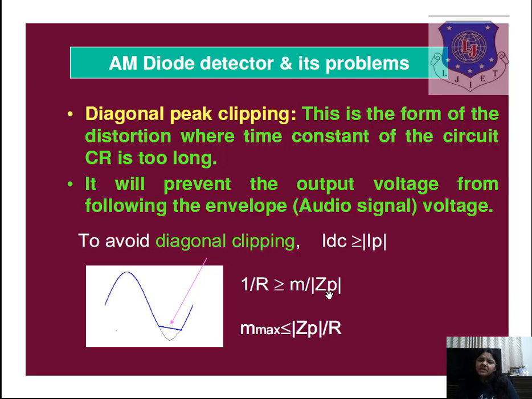Whenever the time constant of the circuit is too long, the negative clipping that you will find is like this, and it will damage the curve of the envelope. So to avoid such clipping, what should we do? The DC current which flows, IDC, should be greater than or equal to IP. So this is the condition that we need to use.